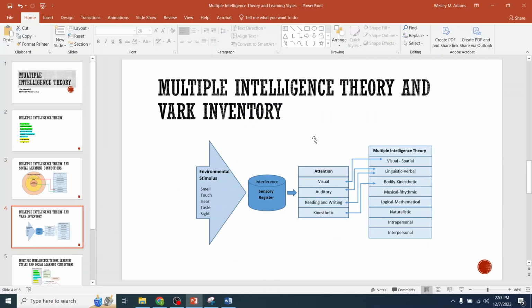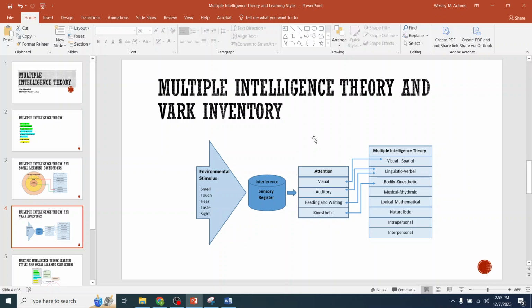Okay, this is getting into next class and why we're covering learning styles and how they're related to multiple intelligence theory. So think, multiple intelligence theory is a little bit more complicated, right? We have 8 major intelligences. That can be hard to apply on a daily basis when you're just thinking about your own learning.